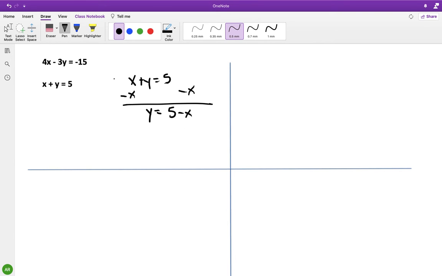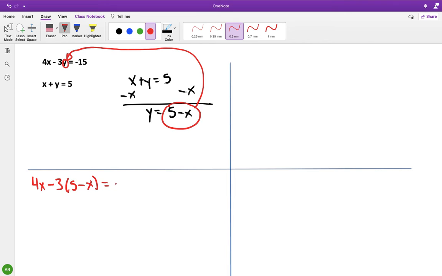Now I have my y isolated, and I have this expression 5 minus x. Now I can put this 5 minus x into my top equation for y. All right, and then I can go ahead and solve. So I have 4x minus 3, then I'm replacing the y with the equivalent expression, which is 5 minus x.